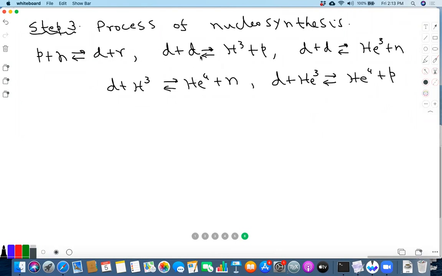Now you could imagine that we produce helium at one go by bringing 2 protons and 2 neutrons to collide with each other. This is possible in principle, except that the probability is extremely low. The reason is that the baryon density, the density of protons and neutrons, is already very low.